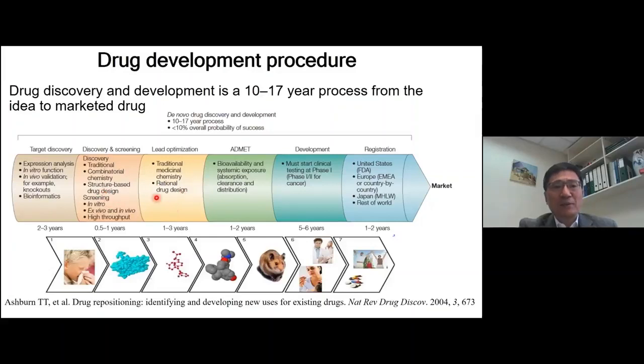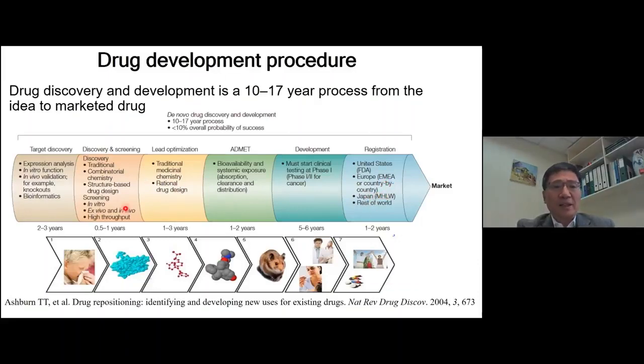Either by chemical modification or rational drug design, and subsequently we need to do a variety of animal studies to see, for example, the pharmacokinetics, bioavailability, toxicology, and so on, before we go to further development. Then we go through the different stages of clinical trials, from phase 1 to phase 2, phase 3, and so on. Subsequently, we have to register and be approved by a relevant authority.